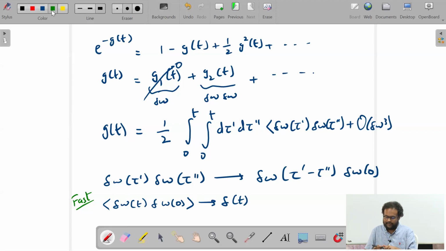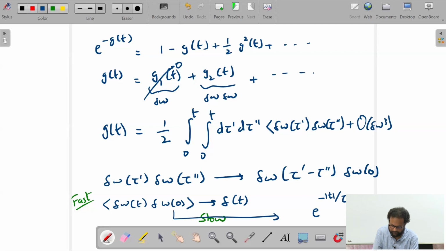So it's not inconceivable to say that in the limit of slow fluctuations, this is going to be an exponential decay function with some correlation time tau c and some amplitude delta squared. Delta is the fluctuation amplitude and tau c is the correlation time.